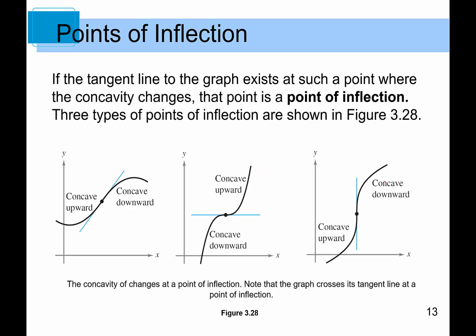If the tangent line to the graph exists at such a point where the concavity changes, so this keyword, concavity changes, that point is a point of inflection.